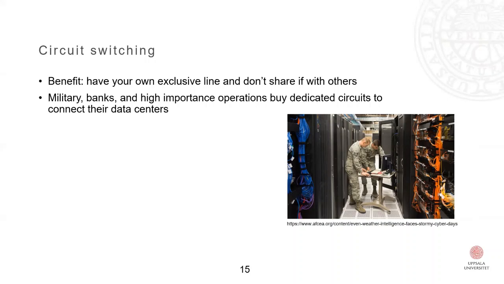For example, it is used in military and maybe some banks and high importance operations. For their purpose, they will dedicate some circuits to connect their nodes, for example, the data centers in a military or a bank. So they will not share their network with anyone else. It is exclusive to them.